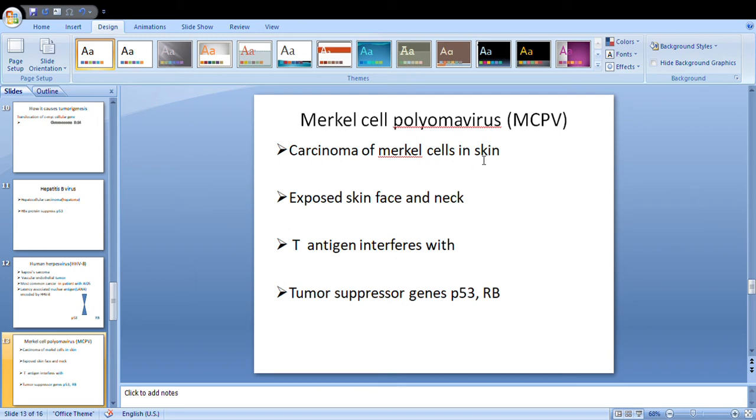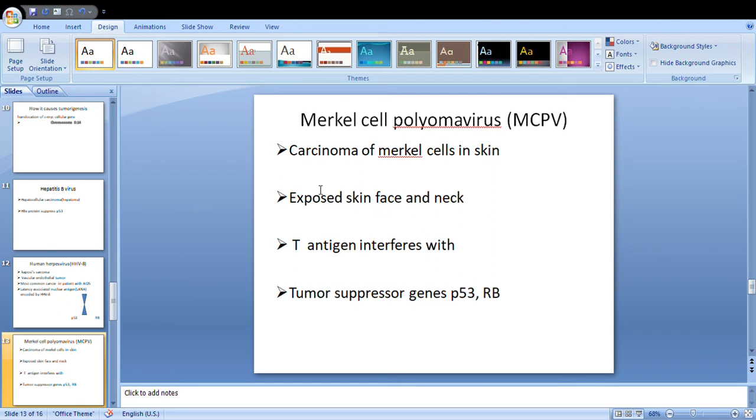The Merkel cell polyomavirus is the virus which causes a skin tumor, the carcinoma of Merkel cells in the skin. This causes tumors of skin in those areas which are exposed to sunlight, such as the face and neck.